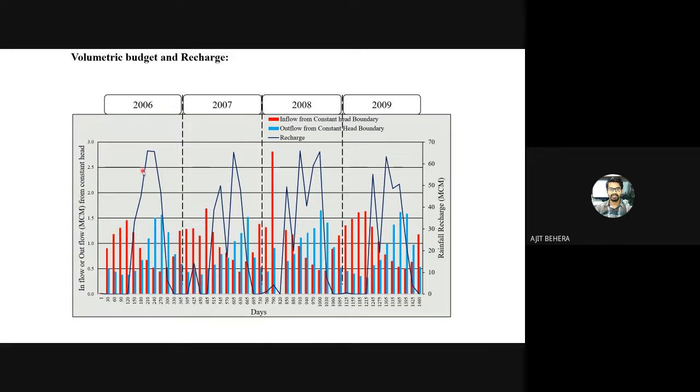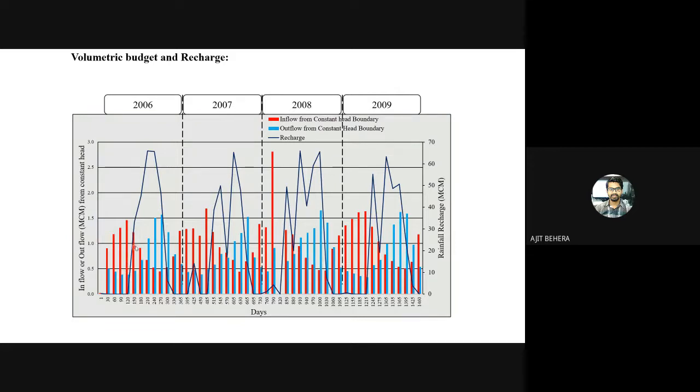So in a coastal aquifer system, due to this activity, it is influenced by the sea. Here you can see, when there is no rainfall, it is affected by the sea, meaning there are chances of seawater intrusion into the aquifer system.